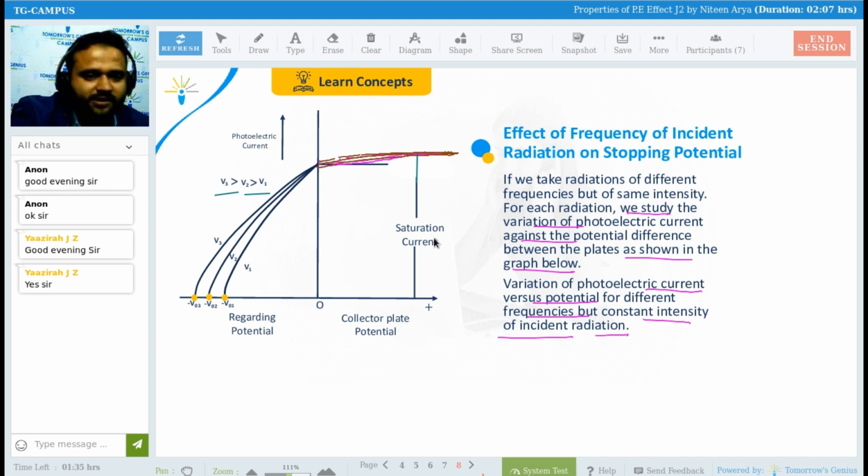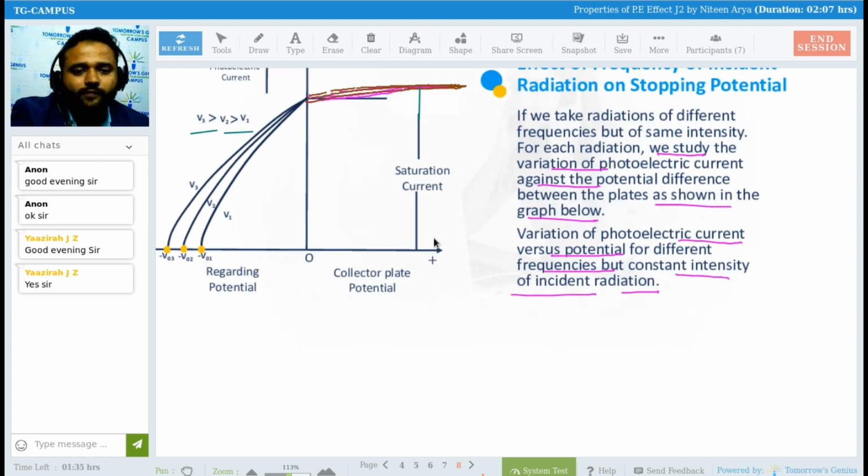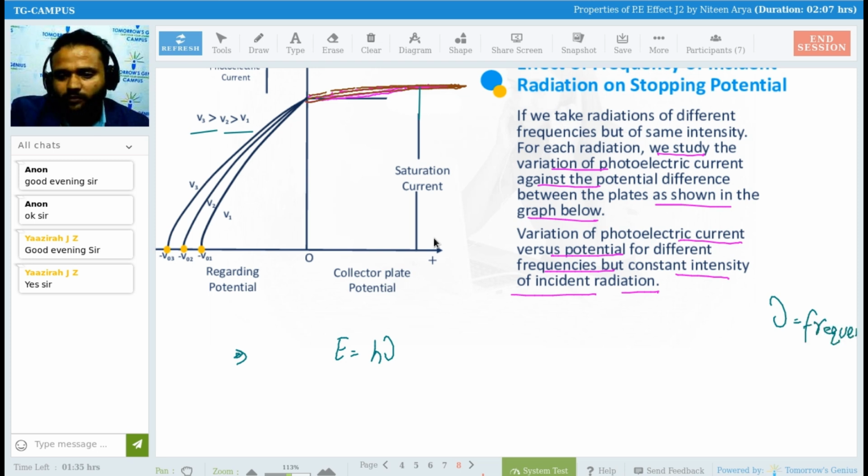And why so? Because simply we know this relation, E = hν. Understand in this way, E = hν, right? This we know. From this simple basic relation you can correlate how and why we get this. ν here is frequency. It is not velocity. Don't confuse this. So when frequency is high, obviously kinetic energy is high.